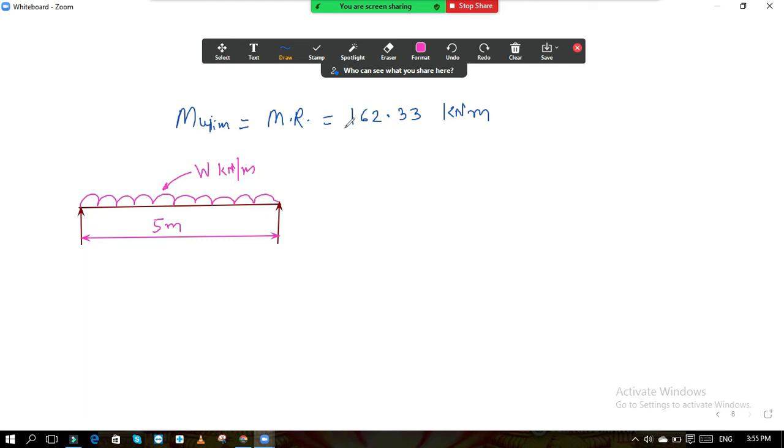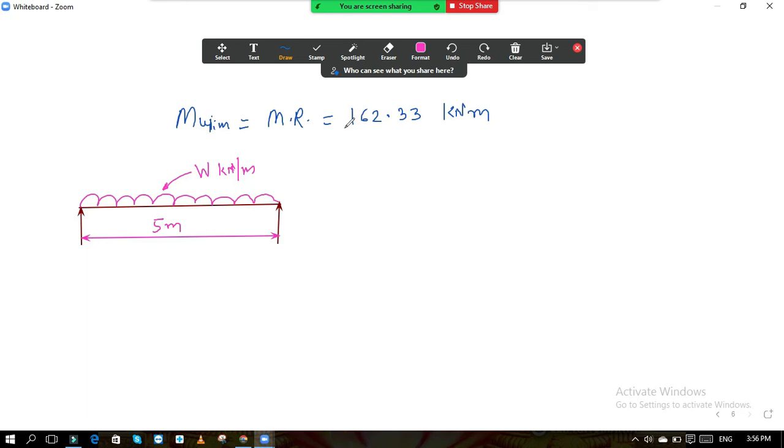But MR has a fixed formula. You know that formula. It depends upon the grade of steel and grade of concrete: 0.138 fck b d square or 0.149 fck b d square. So if you see this formula, MR does not depend upon the length and load. That is the moment carrying capacity.